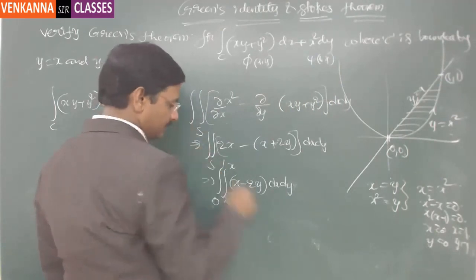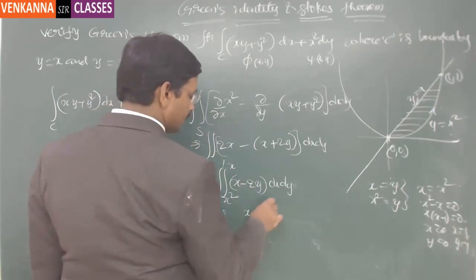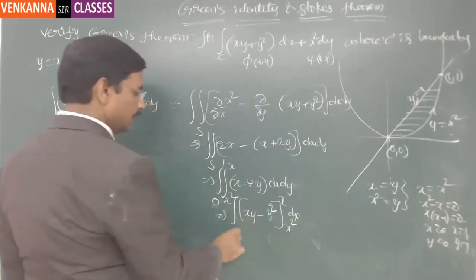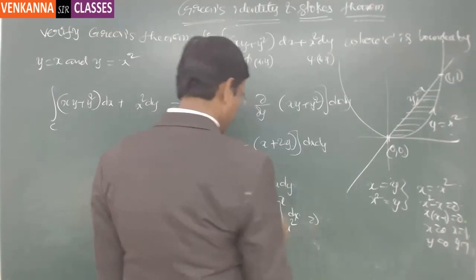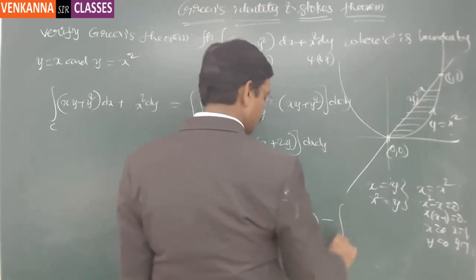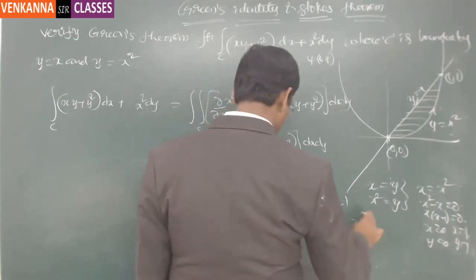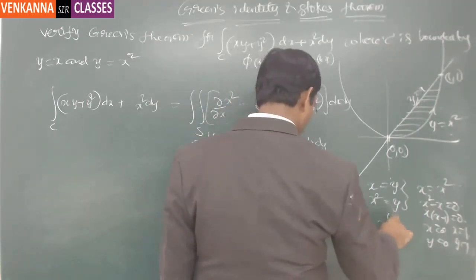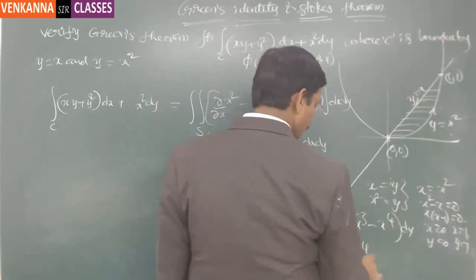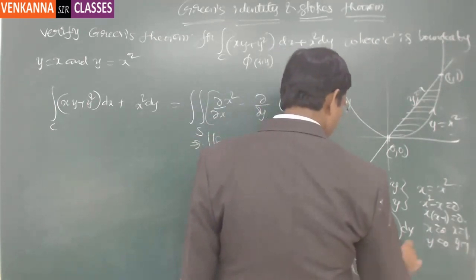Now if you integrate this, we get the integral from 0 to 1 of [xy minus y square] with upper limit x and lower limit x square, dx. If you substitute the upper limit, x square minus x square is 0, then minus the integral from 0 to 1 of (x cube minus x power 4) dx. So this is minus of (x power 4 by 4 minus x power 5 by 5), with upper limit 1 and lower limit 0.